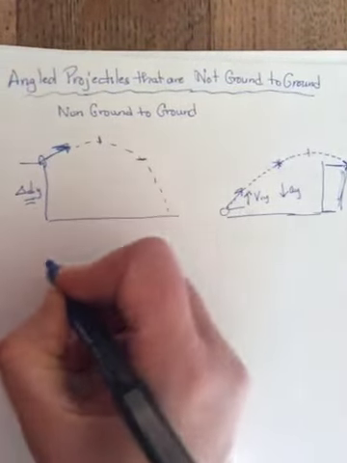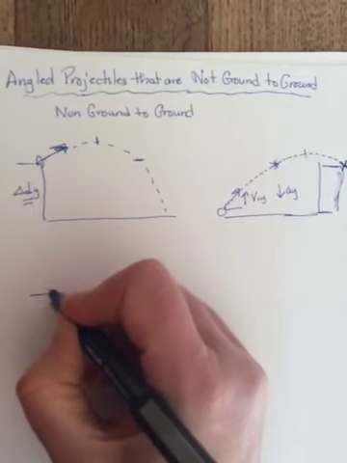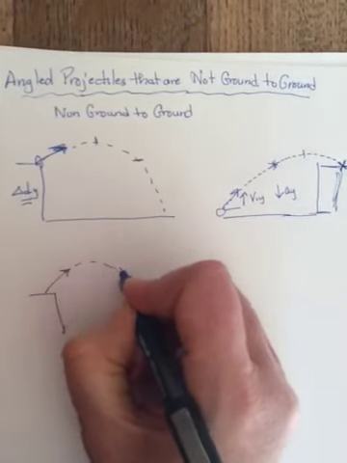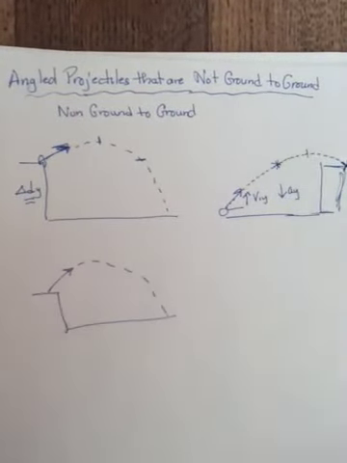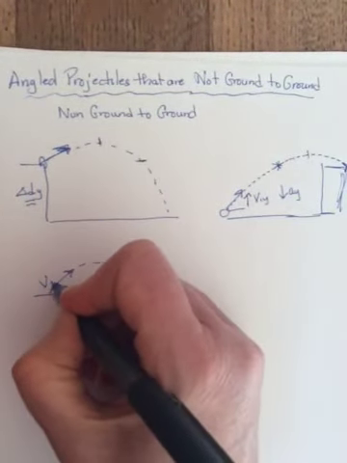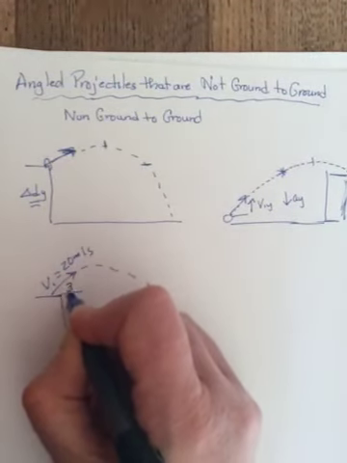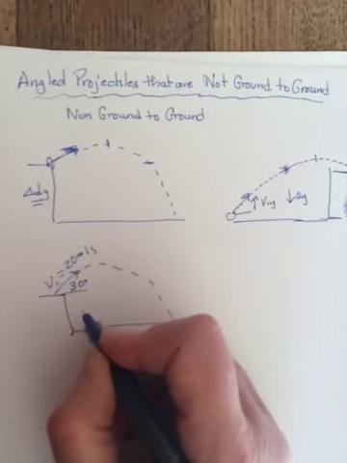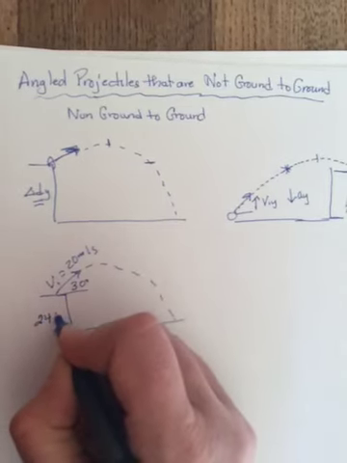So let's do an example. It's probably the easiest way. We'll start with one coming off the roof of a building and going down. Let's say that our VI is 20 meters per second, our angle is 30 degrees, and the height of our building is 200.